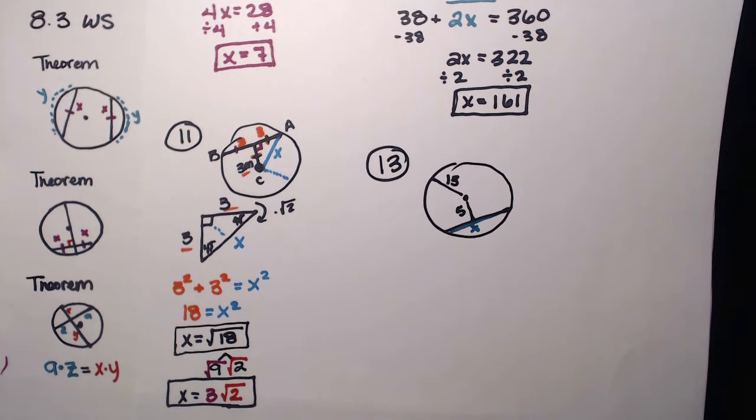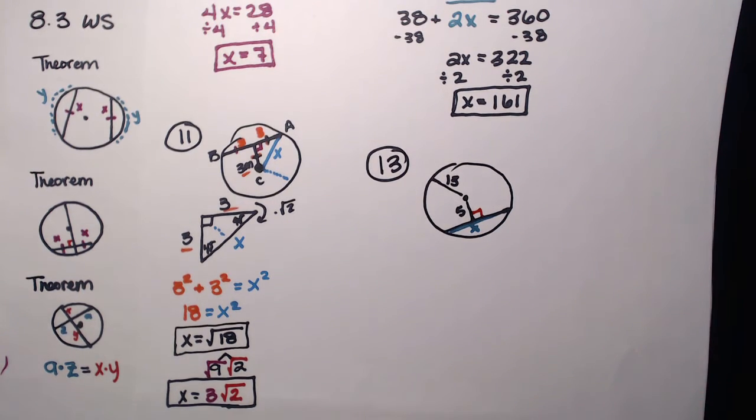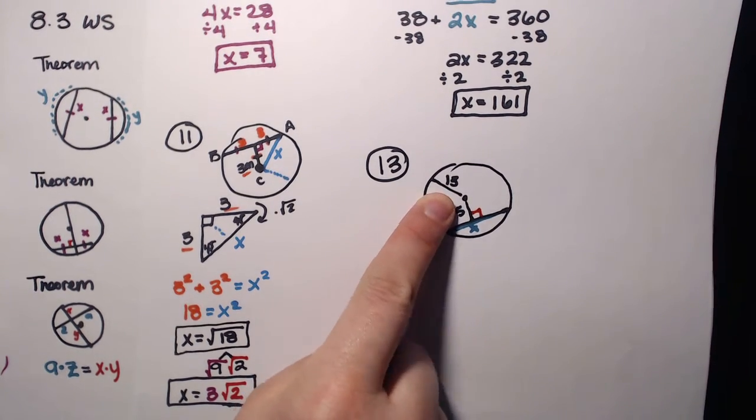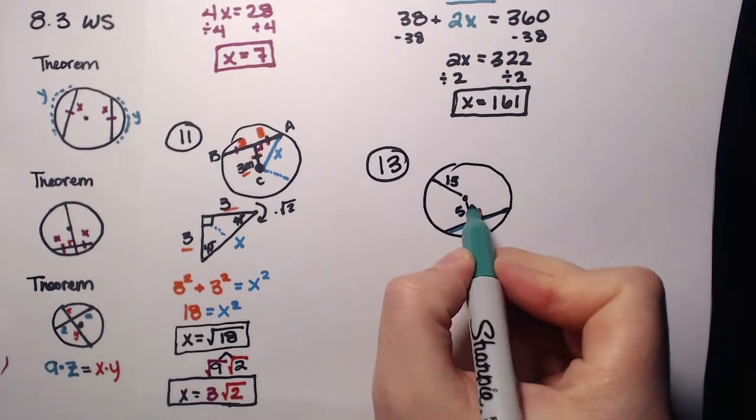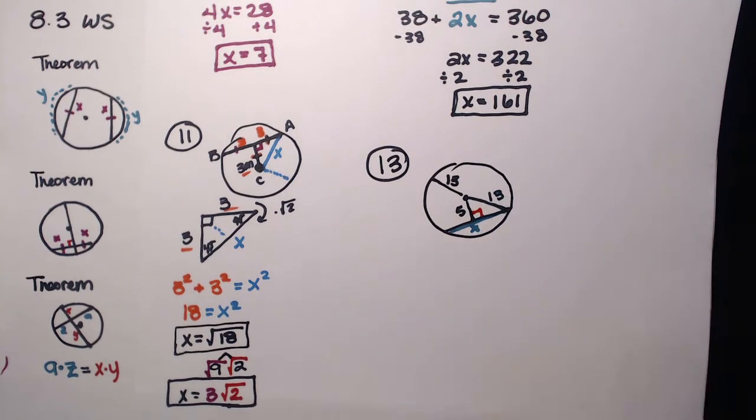Well, I know that because of this theorem, this is going to meet at a 90-degree angle. I know it says there over here is 13, but it's just the radius of the circle. I can draw the radius anywhere I want. So I'm going to say, well, that's 13.